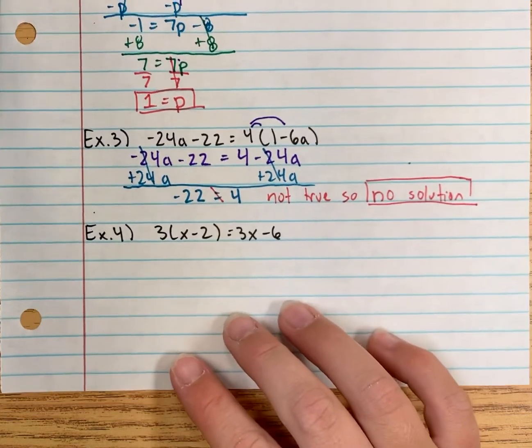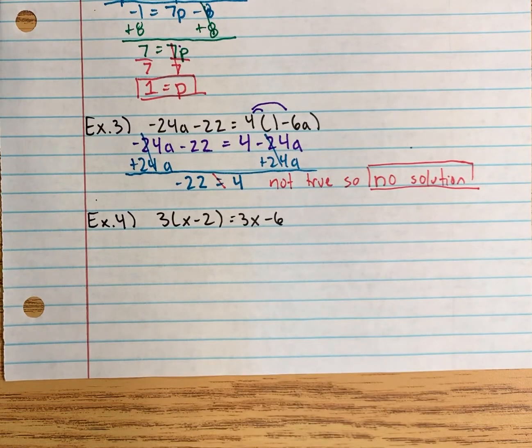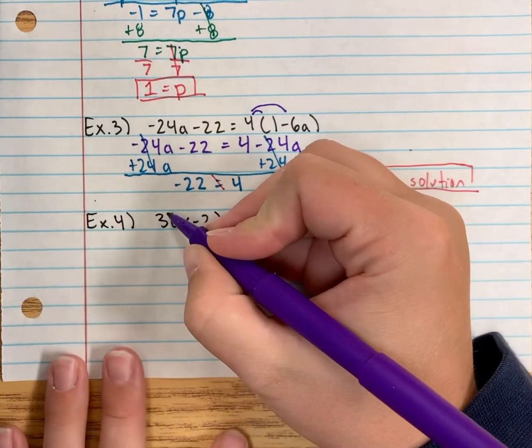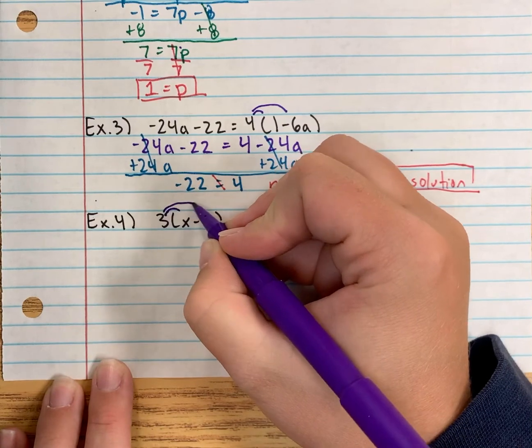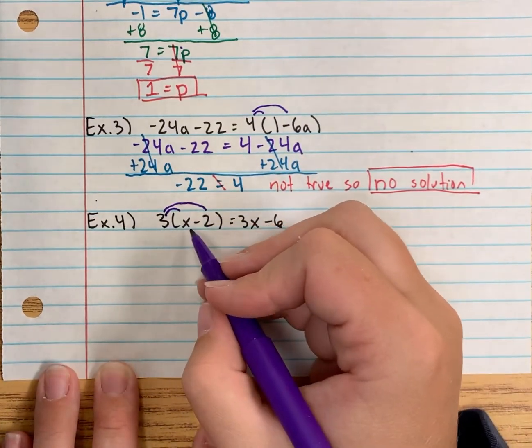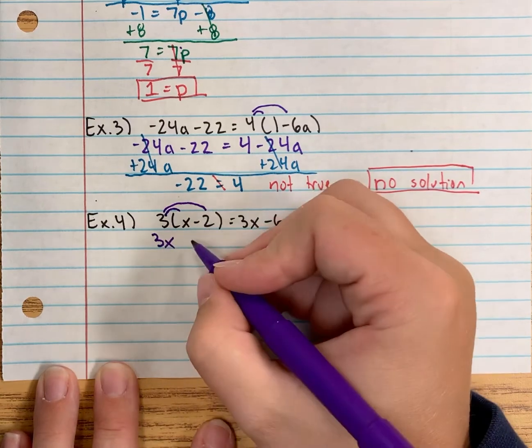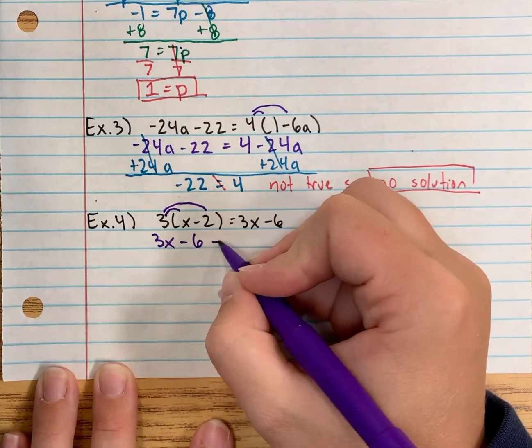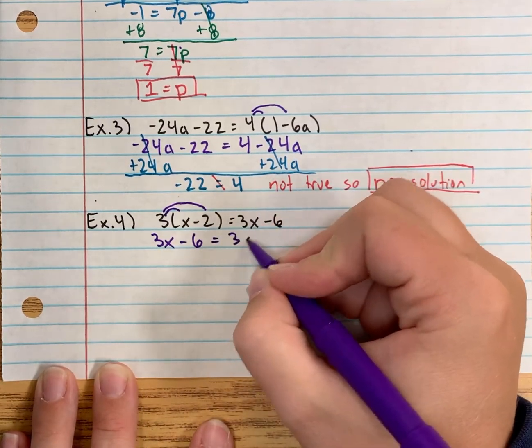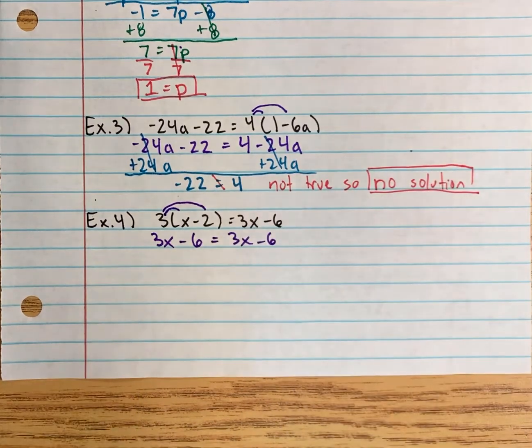Example 4 is another specific situation. Again, what you want to start off by doing is distributing your 3. So you take 3 times x, which is 3x. 3 times -2 is -6, equals this 3x minus 6.